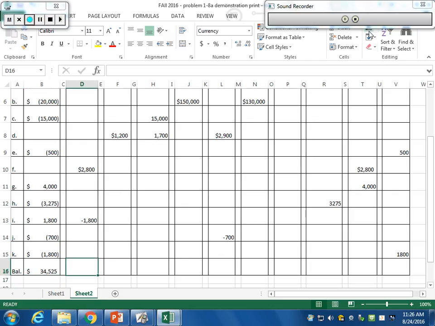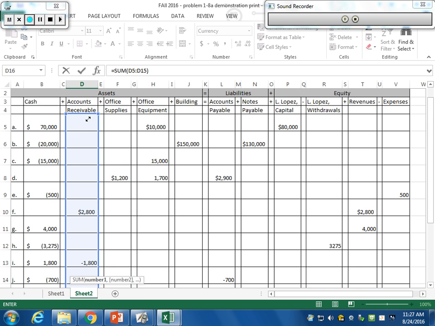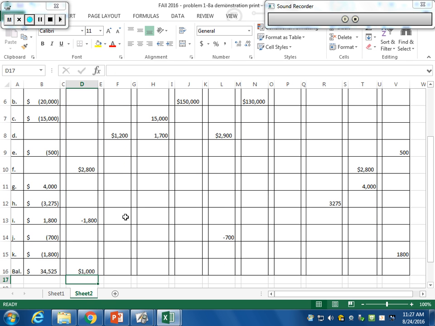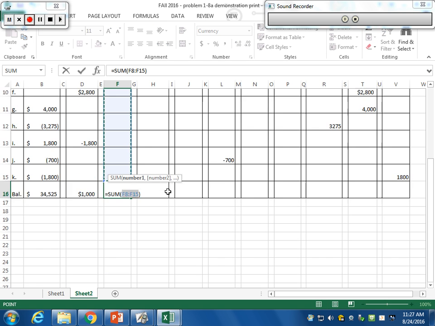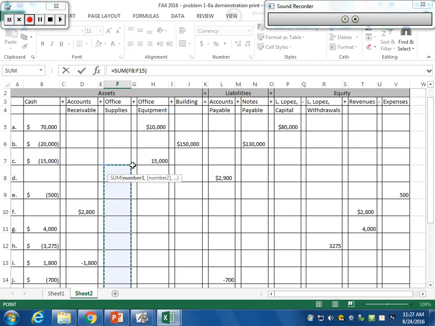And you verify that's what you have. Use your calculator to get that. And I'll pull it up in a minute so we can verify the total.